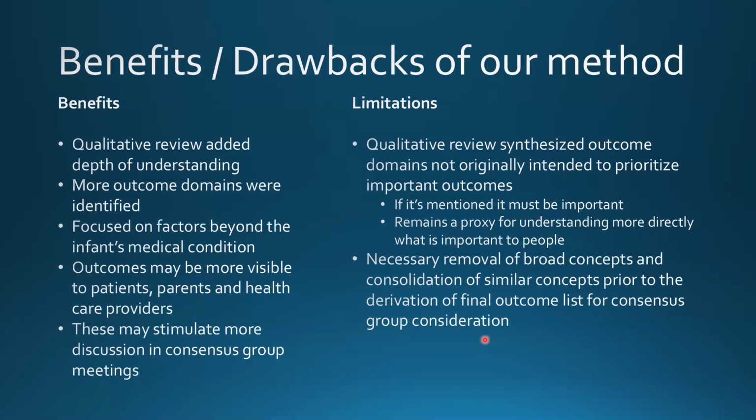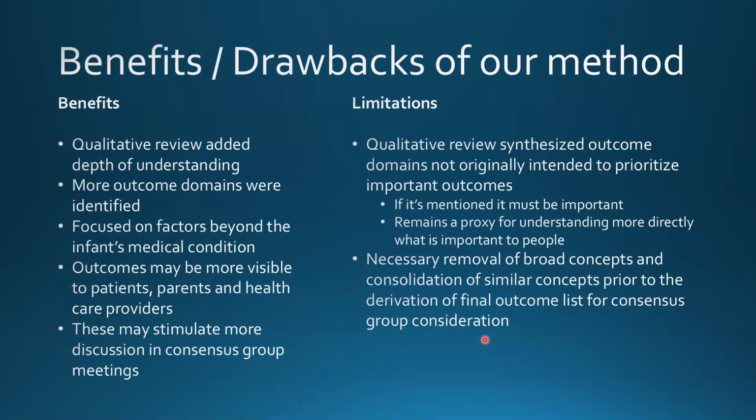Another potential limitation is that there was a necessary removal of broad concepts and a consolidation of similar concepts prior to deriving a final outcome list for consensus group consideration. By that, we mean that we might have had articles that were talking about issues that were ultimately related to suffering, for example, about infant suffering and pain.